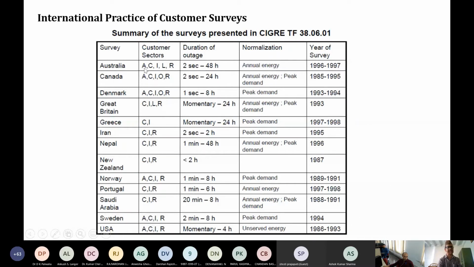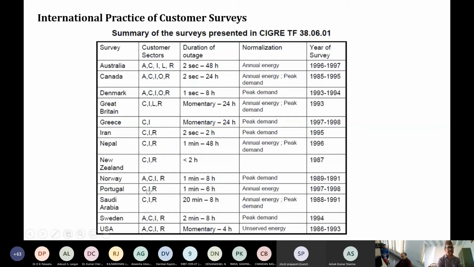So A stands for agriculture, C stands for commercial, I stands for industrial, R stands for residential, and this L I is large industrial, and I maybe the medium size industries. So again here also, A, C, I, O stand for office buildings. So these are the countries where these cost surveys were carried out.